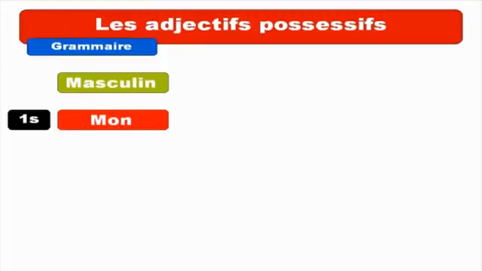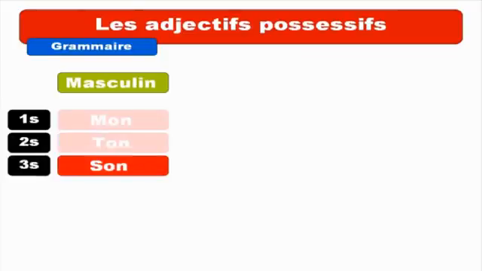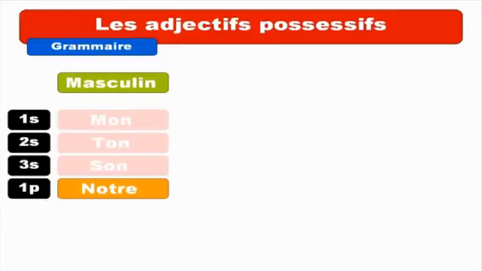So masculine form for the first person, it's mon. Repeat. Mon. Okay, and then comes ton. Repeat. Ton. Okay, and then third person, son. Repeat. Son. Okay, and then notre.